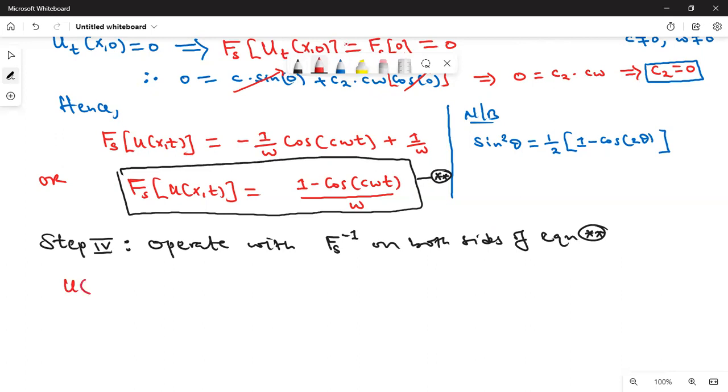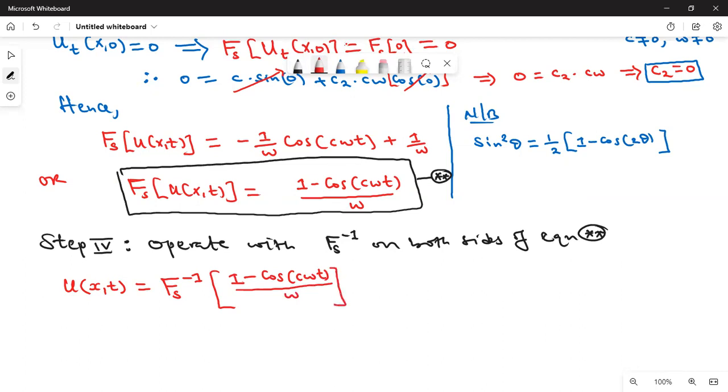So on the left, you'll have u of x,t is equal to, on the right, we'll have F subscript s inverse of 1 minus cosine of c omega t, everything over omega.